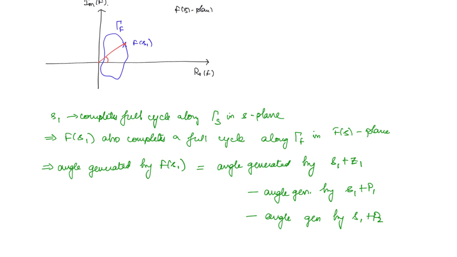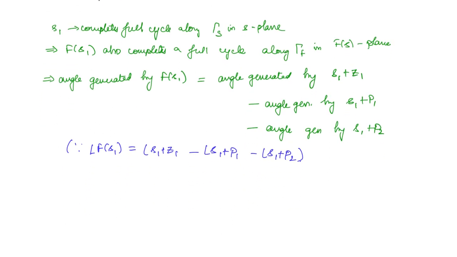And why is that the case? Because angle f of s1 is given by angle s1 plus z1 minus angle s1 plus p1 minus angle s1 plus p2. So correspondingly the angle generated during the rotation will also follow the same condition. Now the angle generated by s1 plus z1 was 0, by s1 plus p2 was 0, but by s1 plus p1 was 2 pi radians.